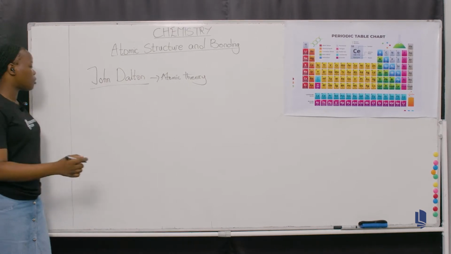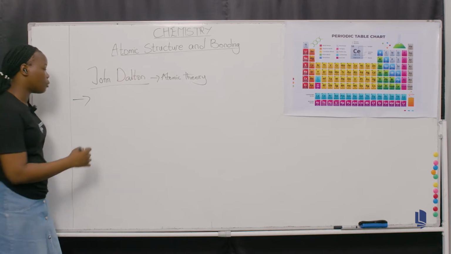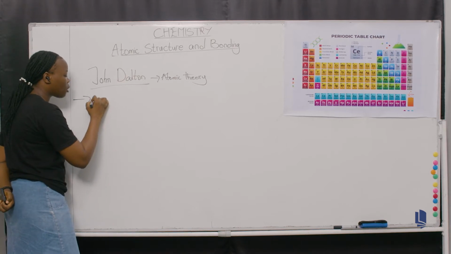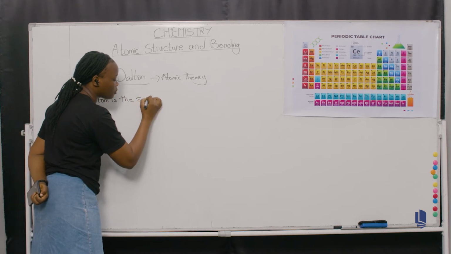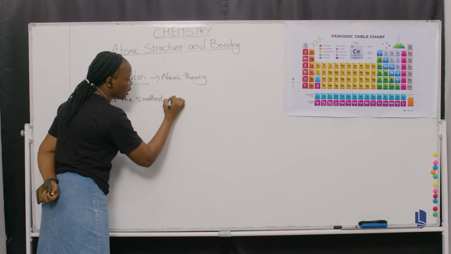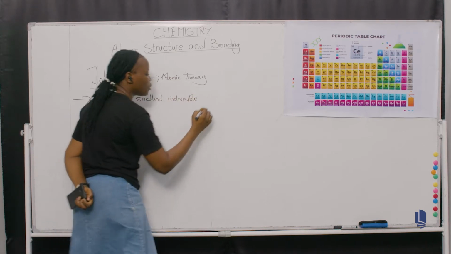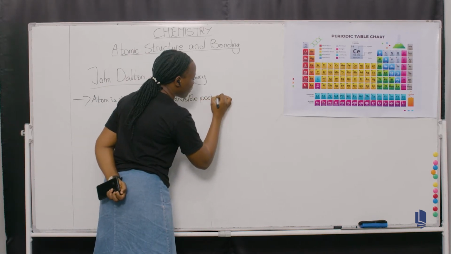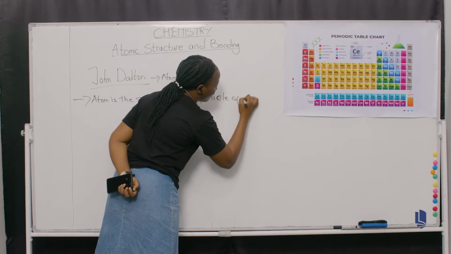Dalton's atomic theory. Let's start off with: an atom is the smallest indivisible particle of an element.